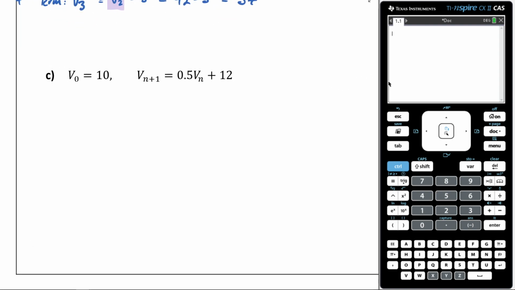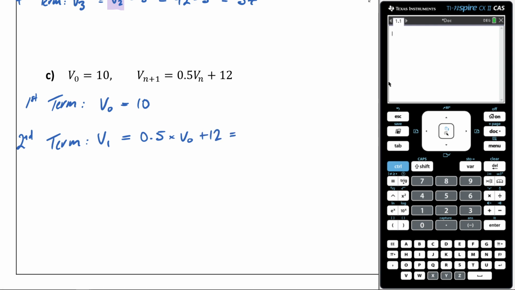All right. So what I'm going to start at here is v of 0. My first term is v of 0, which is 10. My second term is v of 1, which is equal to 0.5 times v of 0 plus 12.